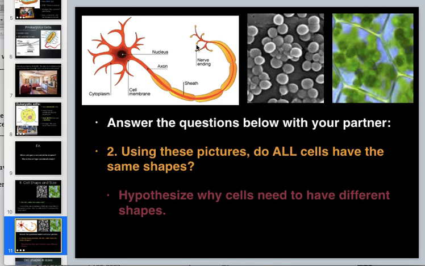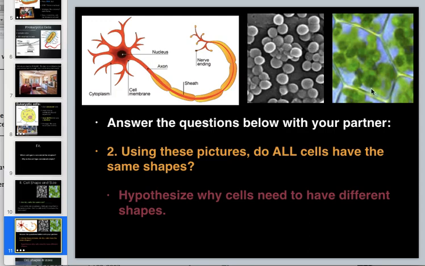It sends a message up to your spinal cord, and your nervous system registers ouch, pain, and then you move your foot away, and may have a few choice words to say as well. And that's because these fibers are really long and skinny, and they can send messages really, really fast. Okay, so they have different jobs.